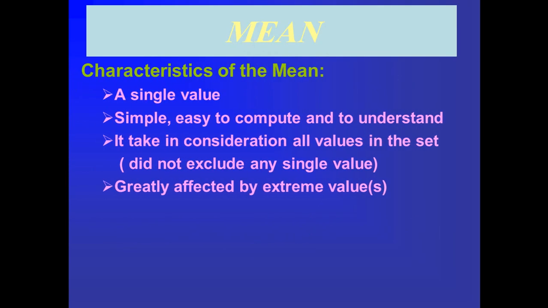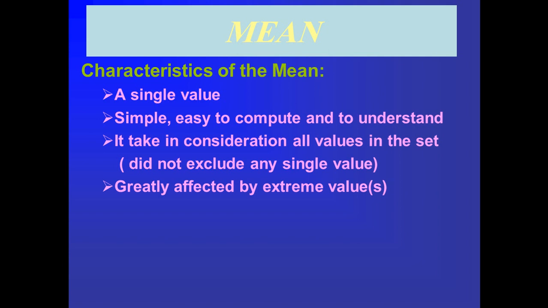What are the characteristics of the mean? It should be a single value. It is only 7. And it is very simple to compute, and it is easy to understand, and it takes into consideration all the values in the set and does not exclude any single value. We add all the values of these numbers, and it is greatly affected by the extreme value.